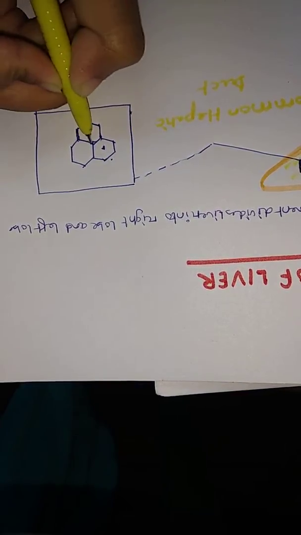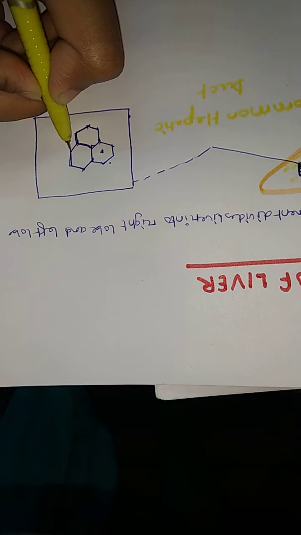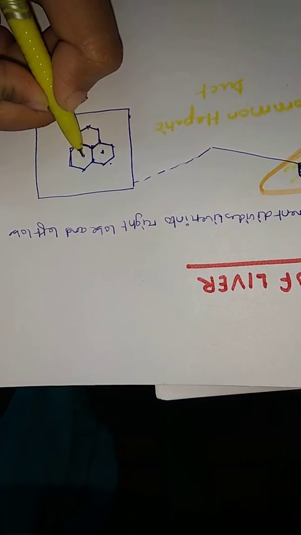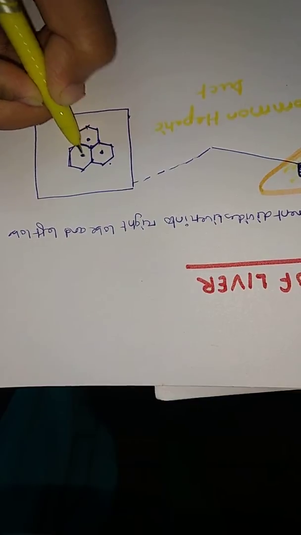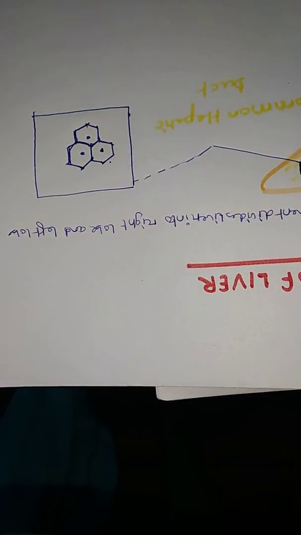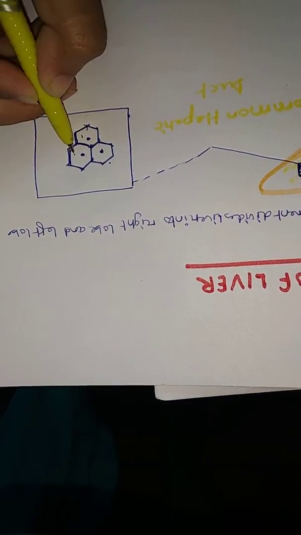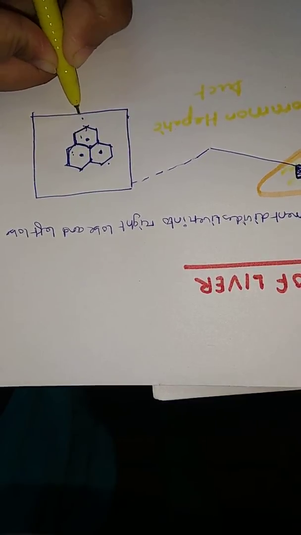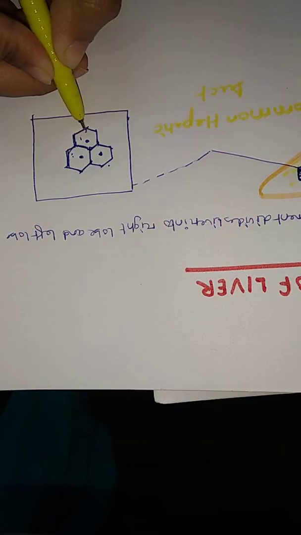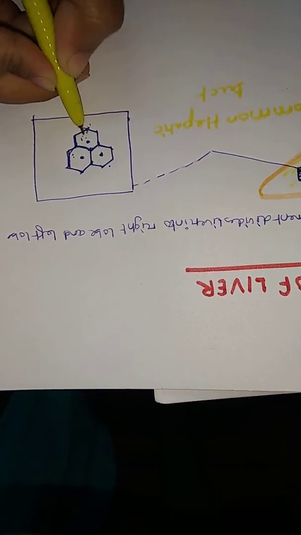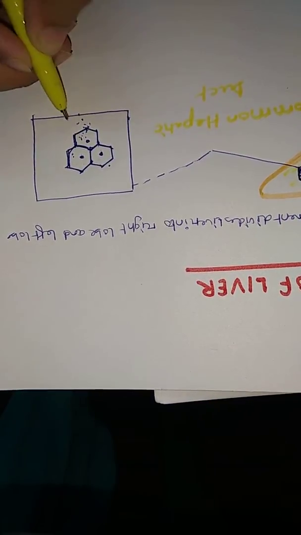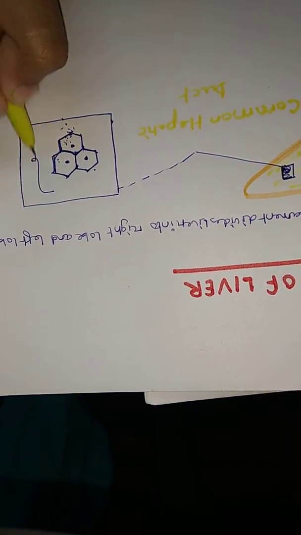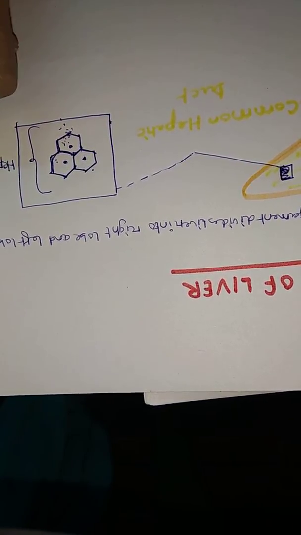For discussing and imagining the histology of the liver, it is very easy to imagine them as hexagonal structures. Now I will enlarge and magnify them, and we will see what is present inside this hexagonal structure. These are called hepatic lobules.